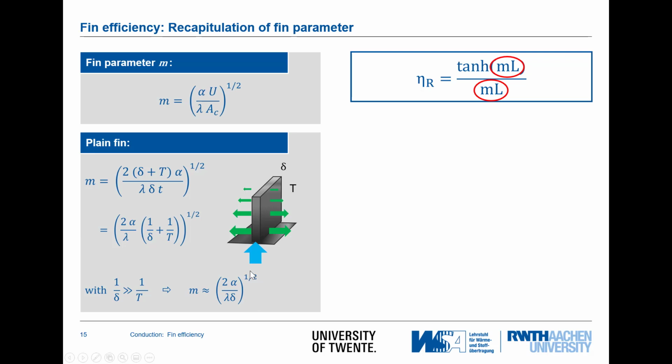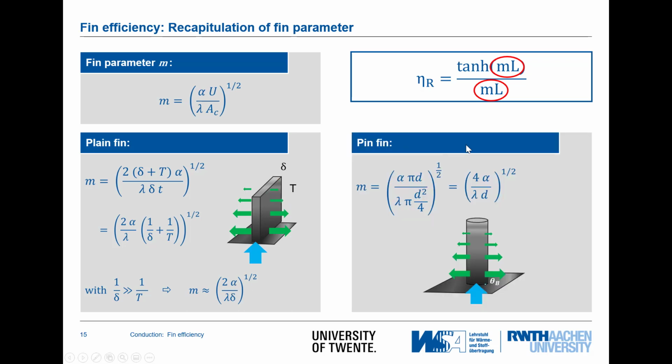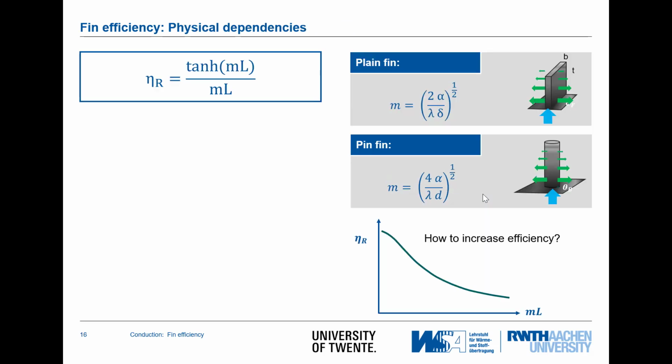Remember that we were able to cross out the depth of the fin, and the parameter delta stays, which defines the cross-sectional area. For the pin fin, it was 4 alpha divided by lambda d as well. We used this all the time in this video, and now with these two values we can have a look at how the physical dependencies are.